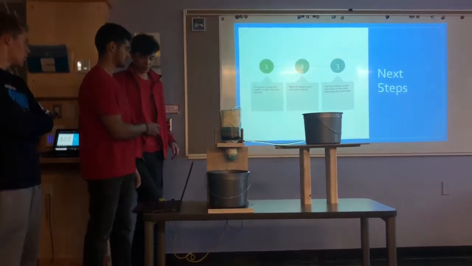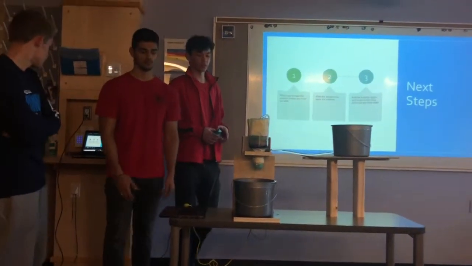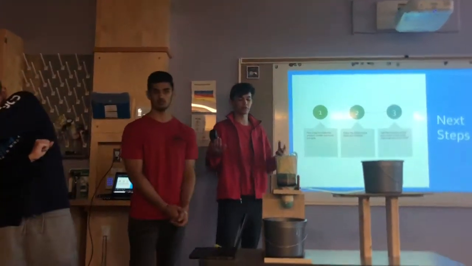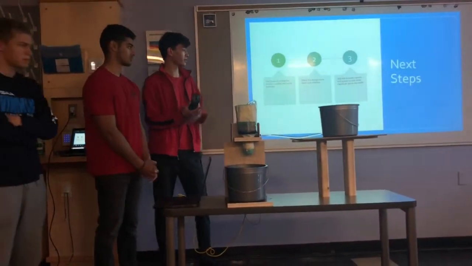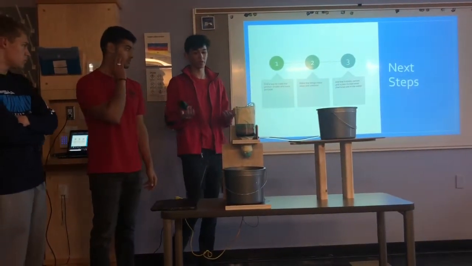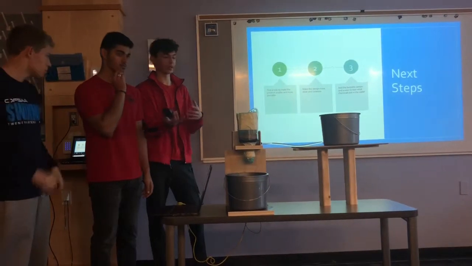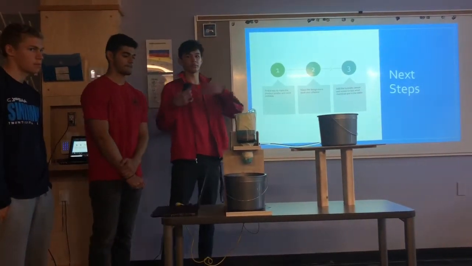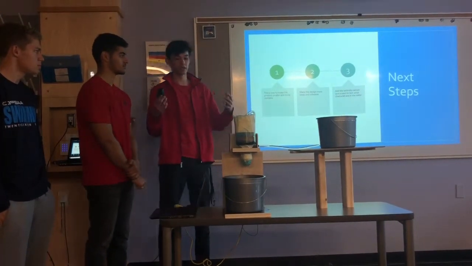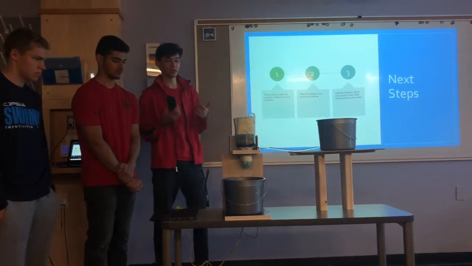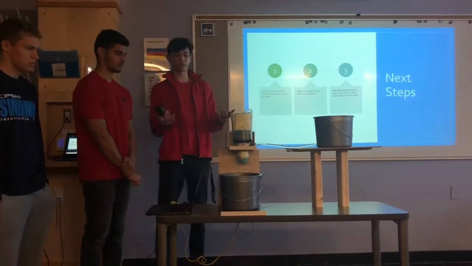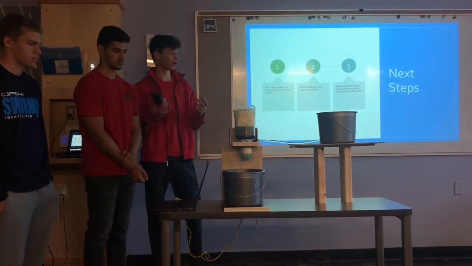So, next steps. Obviously due to time constraints, we didn't get to complete everything that we wanted to. In the future, we really hope to find a way to make the product smaller and more portable. As you can see right now, it's a little bulky and big. Our whole aim is to deliver it to developing countries where they can use it on a daily basis when they find dirty water, to convert it to clean water. So we want to make it a lot smaller.